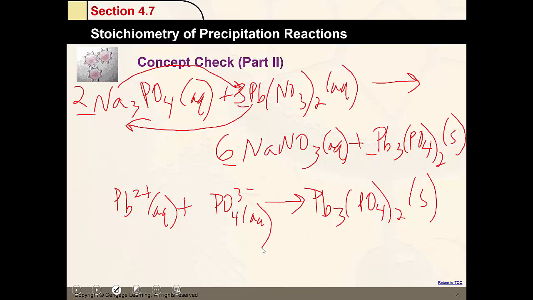And we need to make sure this is balanced, so on the right side there's 3 leads, on the right side there's 2 phosphates, so we add a 2 in front of the phosphate. So now this is our net ionic equation.